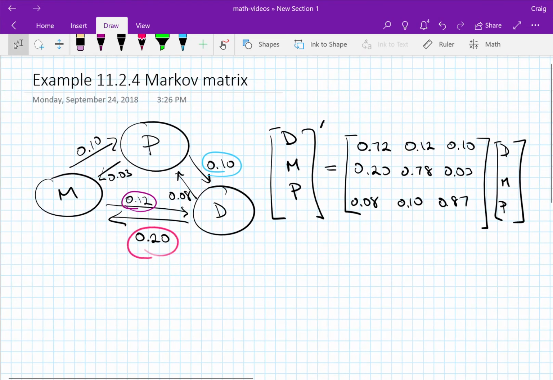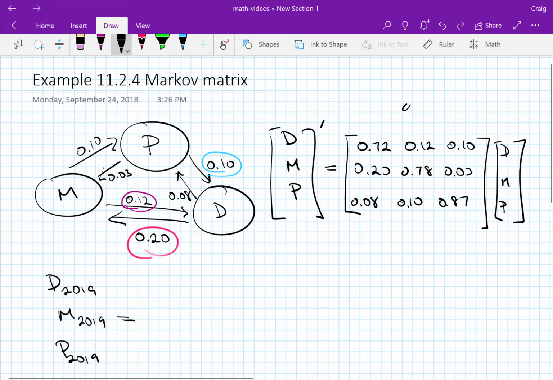Okay, and so the question is, after some number of years, what's the population? So if I want to find the population in, let's say this year is 2018, if I want to find the population in 2019, well, that's just the matrix.